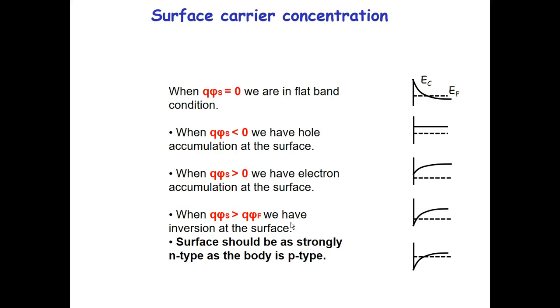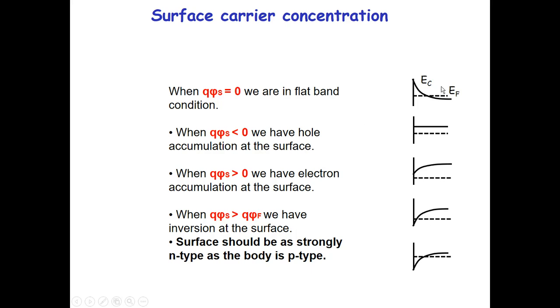So we can also define this in terms of Q phi s, that is the metal semiconductor work function. So we can say that when Q phi s is equal to 0, that is the thermal equilibrium condition, that means we have the flat band. And when Q phi s is less than 0, that is the accumulation at the surface. So this figure changes. This is the first case, and this is the second case, Q phi s less than 0.